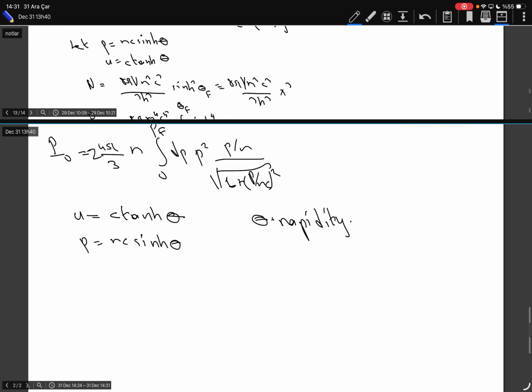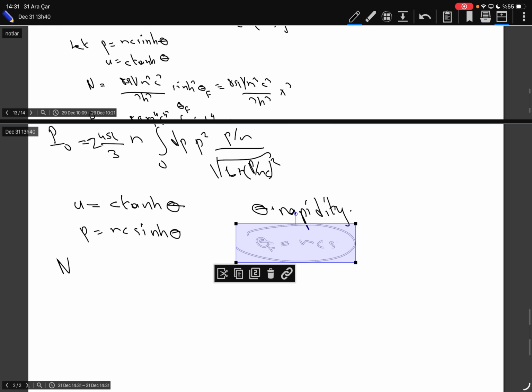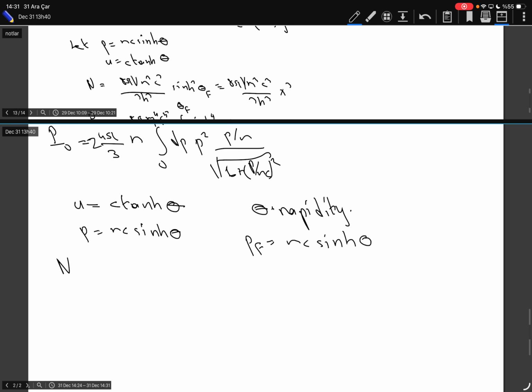Let me jump steps. We have the total number. I can express the total number in terms of this theta f, where p Fermi is mc sine hyperbolic theta f. I'm just making some change of variables.